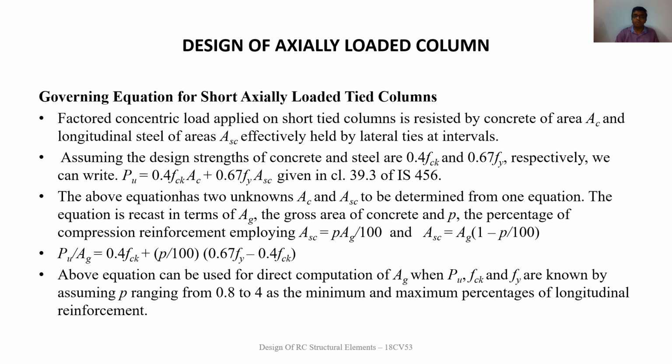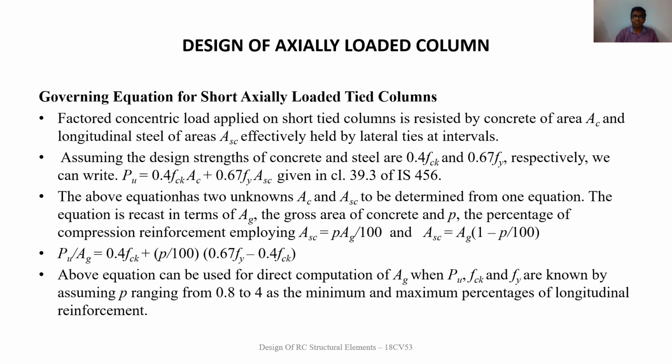Hence, the design strengths of concrete and steel are further reduced to 0.4 times fck and 0.67 times fy in order to take care of the minimum eccentricity, which should not be greater than 0.05 times the lateral dimension, as stipulated in clause 39.3 of IS 456.